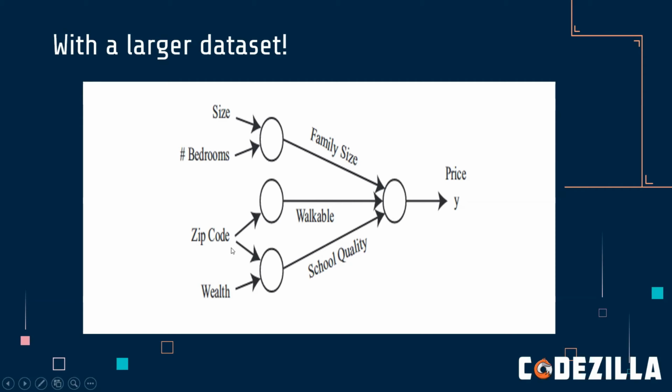So the second neuron estimates the walkability. And then the zip code as well as the wealth in some countries tells us the quality of the school. Finally, we need to add one more neuron which takes these three as the input and outputs the price of the house. And that's the end of our neural network.